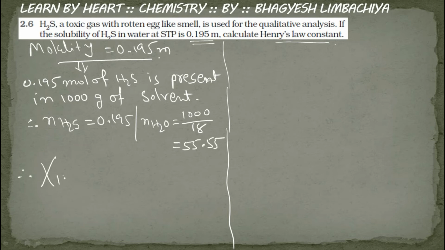So the mole fraction of H2S is number of moles of H2S divided by n H2S plus n H2O.